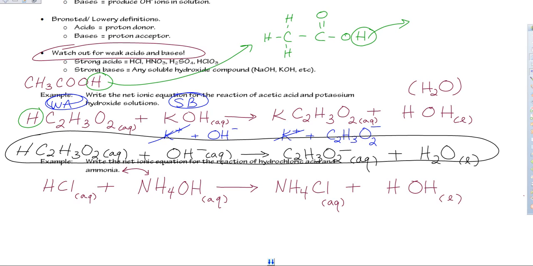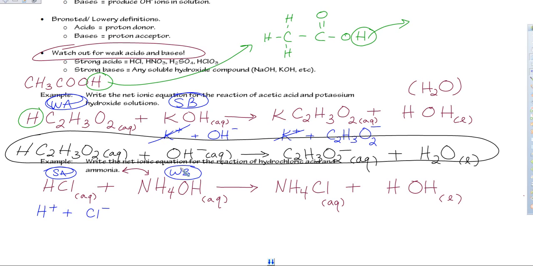Now let's scale this down to net ionic. We're looking for anything that can extensively ionize. Yes, HCl is a strong acid. You get to split into hydrogen and chloride ions. Ammonia is a weak base. You do not get to split a weak base. Again, maybe only 1 out of 100 will actually split.